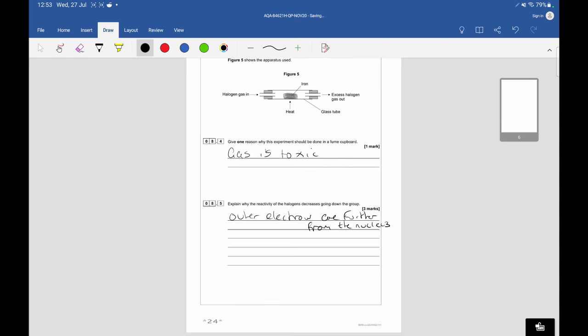Because they're further away, the nucleus has less attraction to those outer shell electrons. And that means they're gained less easily.